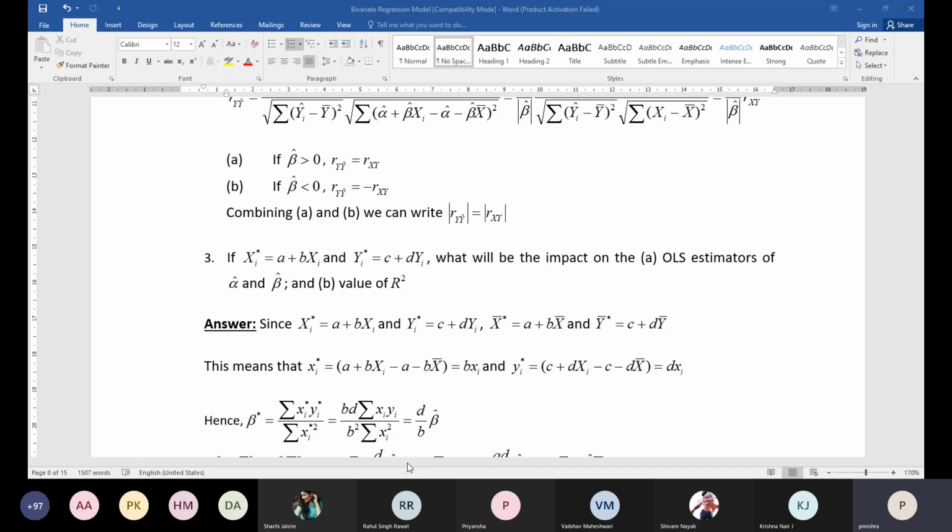Two more components we need to focus on in today's class. One is, as I said, looking at some data and seeing how these different aspects can be linked. And second one is a very important concept, though it's not very much related to bivariate regression analysis, but definitely a very important concept for multiple regression models.